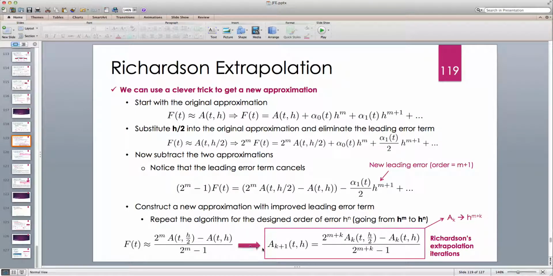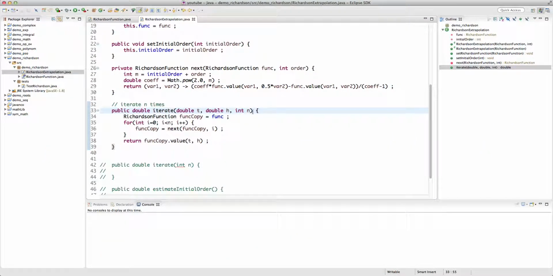So if k is 0, we are doing 1 iteration, right? a1 equals (2 to the m a0 minus a0) over (2 to the m minus 1), which is the first iteration. If an represents our sequence, a0 is the original one, a1 is the new one, a2 is the second iteration or second approximation based on a1, all right? So this is how we're doing this recursion, and each time it increases the order of error by 1 order of magnitude.